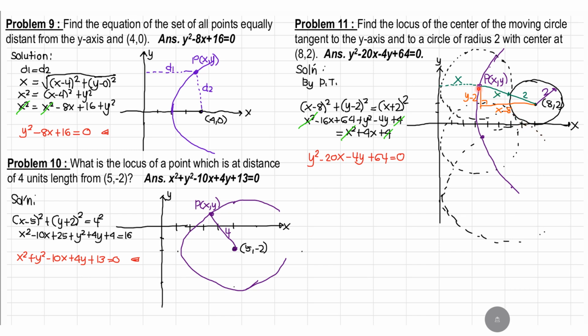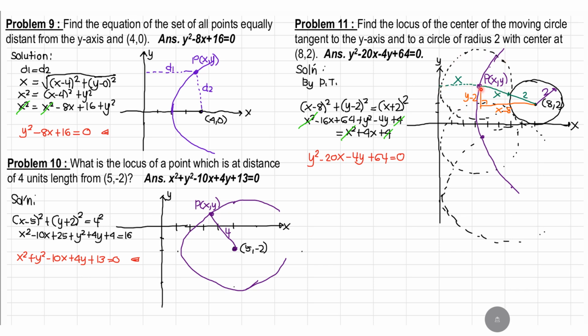At the center of this moving circle, we denote the coordinates with (x, y). Since the circle is tangent to the y-axis, the distance of that point from the y-axis, which is horizontal, is x. So the radius of the moving circle is just x.